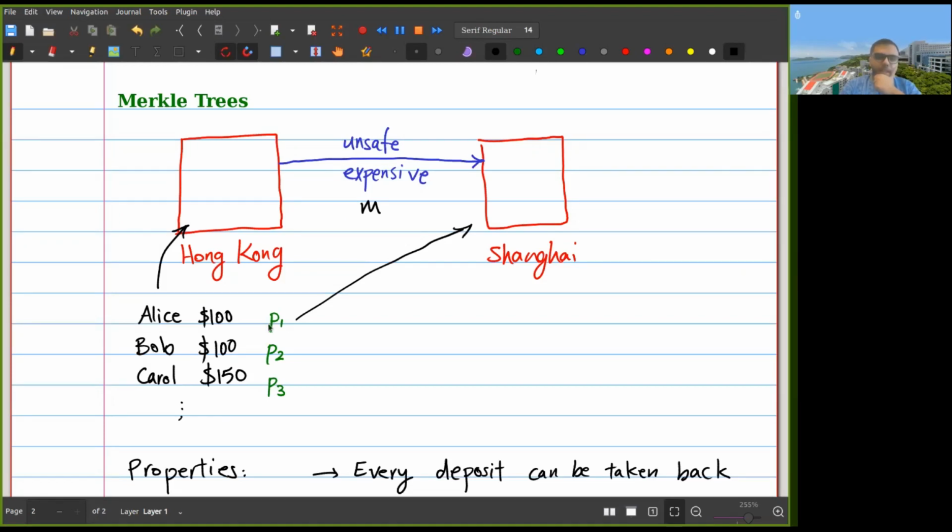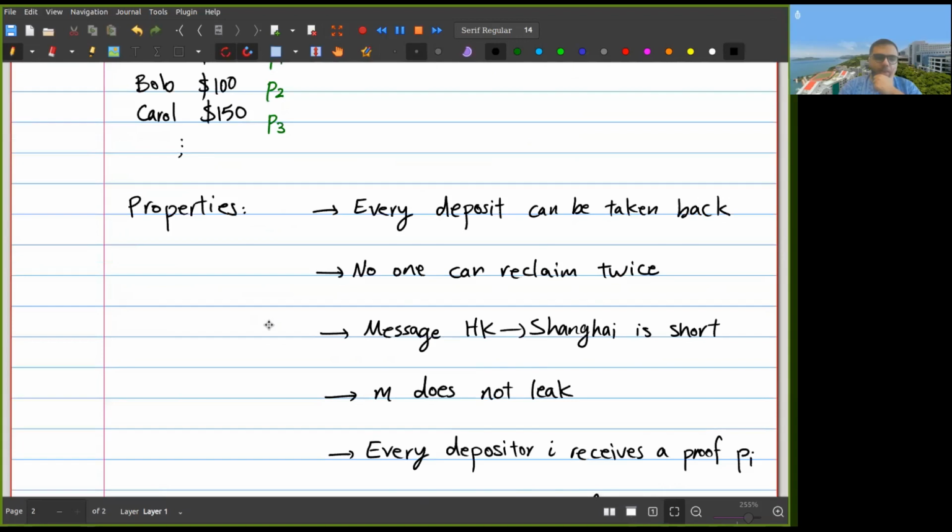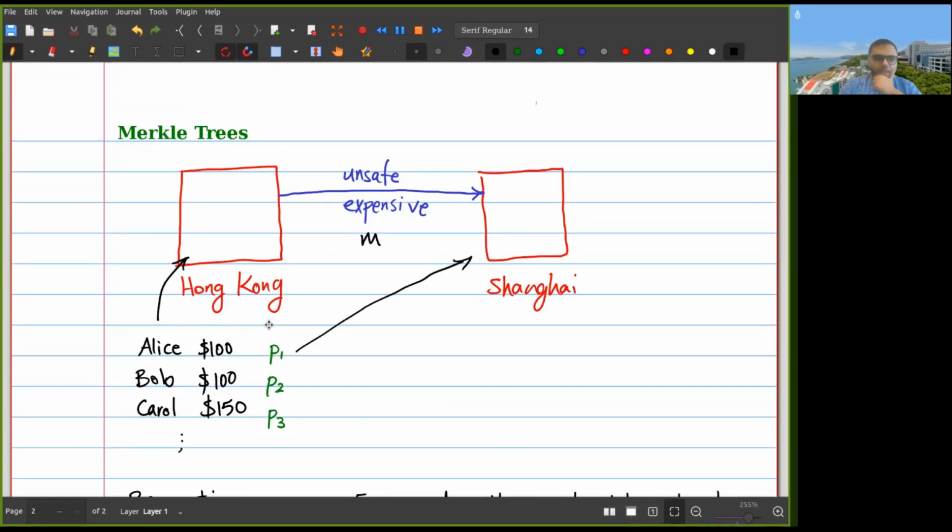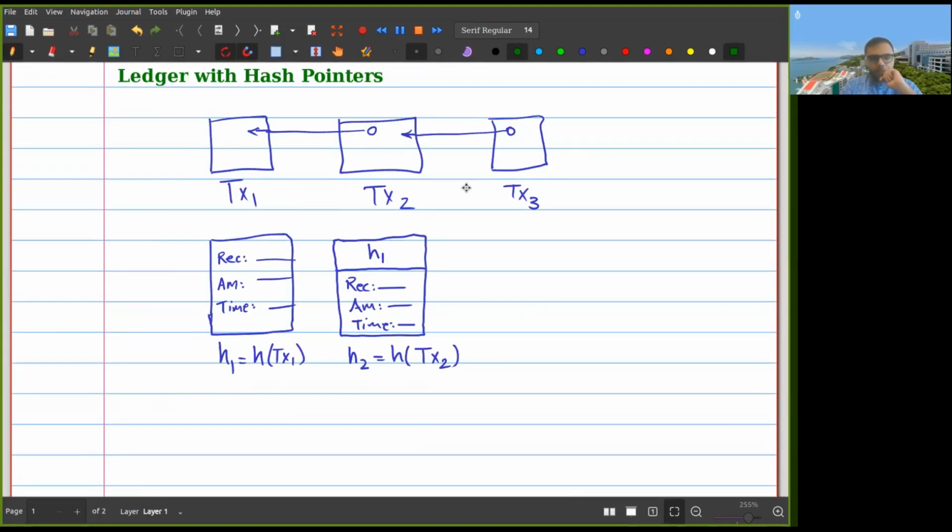Now, how can I do that? I need one other property as well, but let me just give you the simple solution, and then we will talk about why this is not good, and we will add another property, and then we'll make our solution better. So the first solution that comes to mind is, let's just use a ledger like this one.